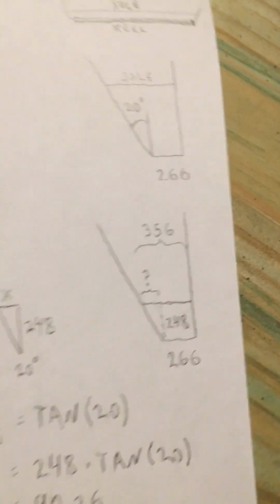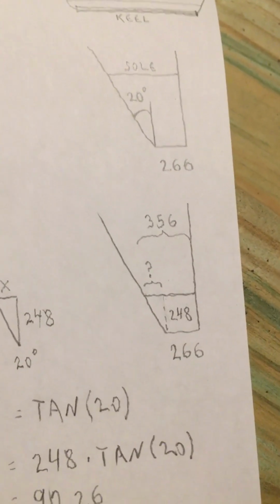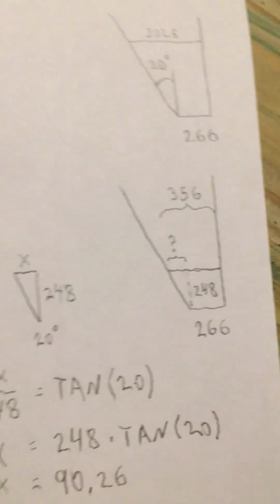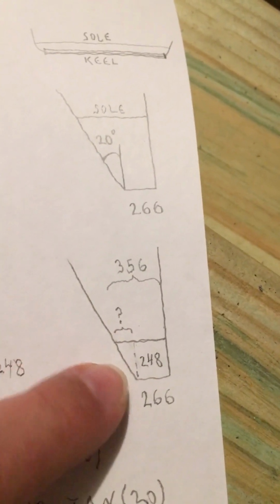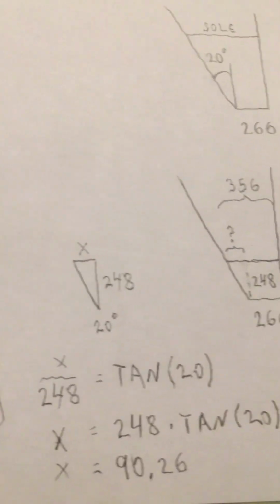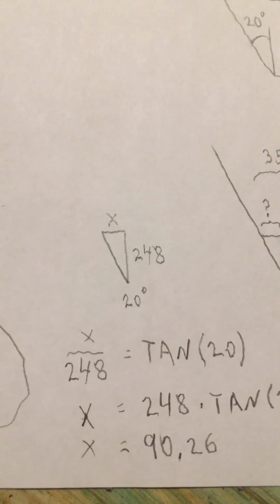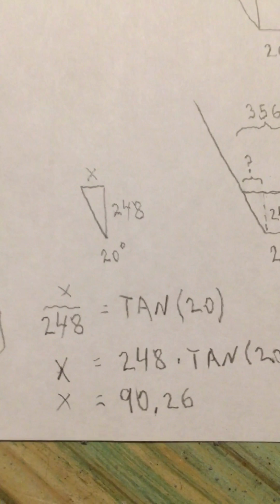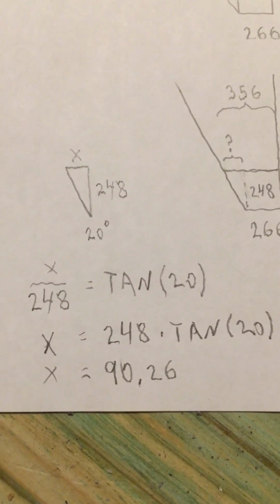According to the plans, the sole is 248 millimeters above the keel. And what we need to figure out is this little bit right here. So we've got another triangle. We've got an unknown, we've got 248, and we know we've got a 20-degree angle. We work all of that out just like we did before, and we get x at 90.26.